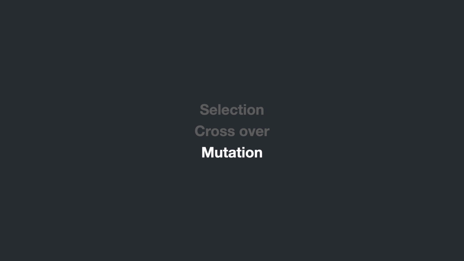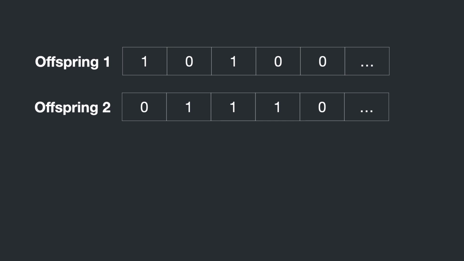And that is the 3rd step in the genetic algorithm. When offsprings are created, every now and then one of the binary values will be reset randomly. Now, by adding new randomness to the system, most solutions will not improve, but some will, and they can get the population out of the local minimum.